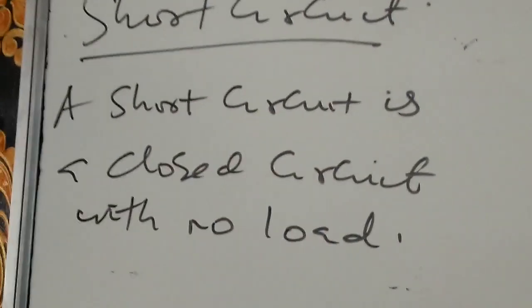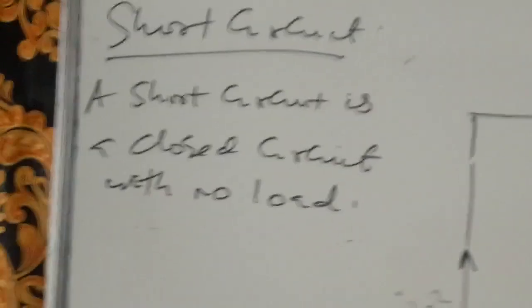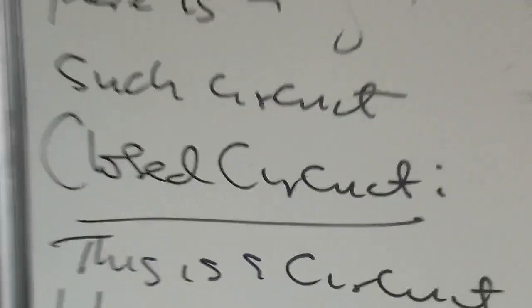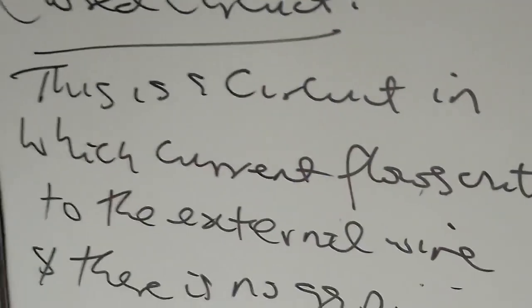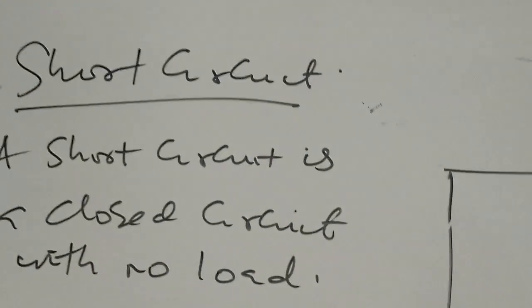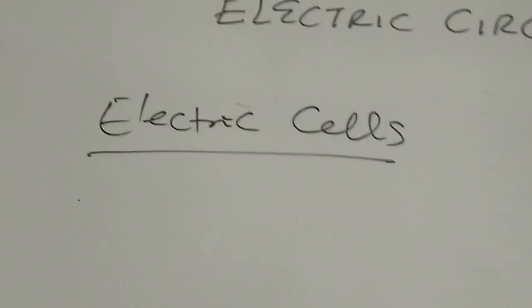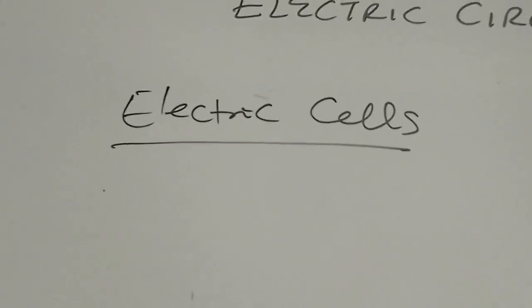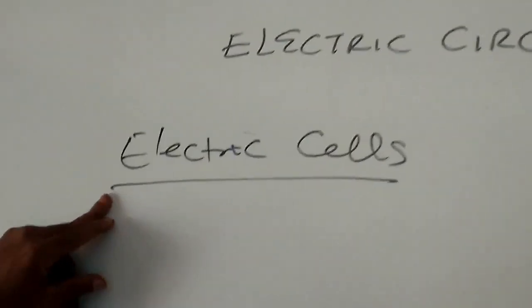Then we are going to the devices or the appliances we have in the circuit. So we are going to talk about the electric cells.